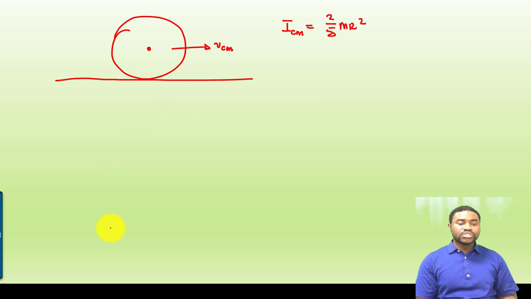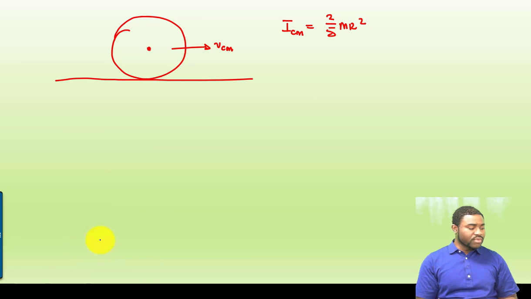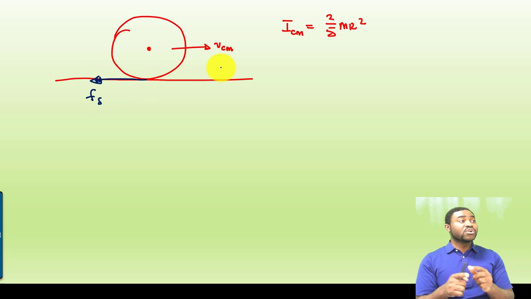So if we draw the free body diagram for this object, now the question I want to ask is the friction force acting forward or backwards? It's acting backwards, because if the static friction force acts forward, it will produce a torque that will cause the object to spin counterclockwise and the car will move backwards.